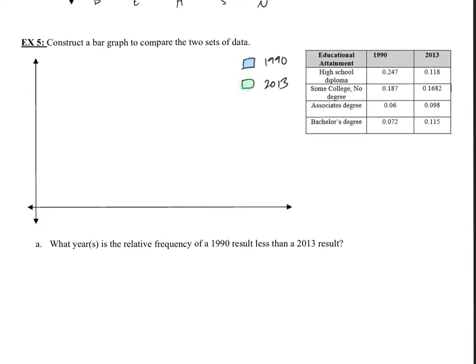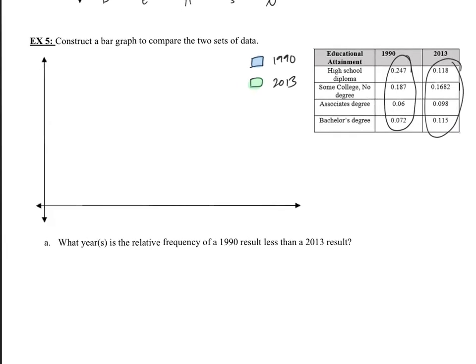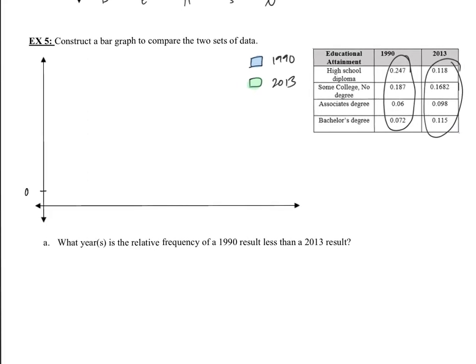Okay, so we're given this data, and I want to graph these numbers. So I'm going to look for the highest number. The largest number I see is almost 0.25, and the smallest number looks like 0.06. So I'm going to count it off in 0.05s: 0.05, 0.10, 0.15, 0.20, 0.25, and 0.30.